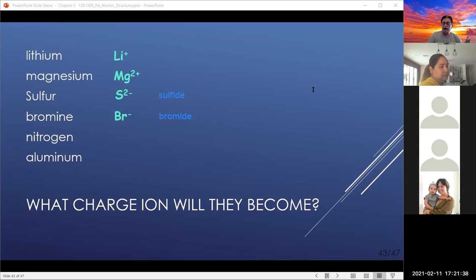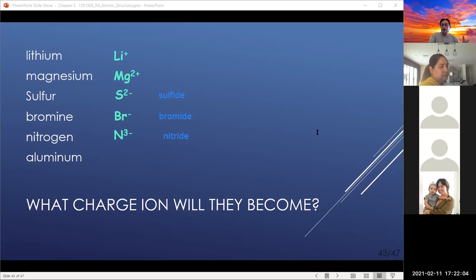It is in group 5, which means I'm going to pick up 3 electrons, which gives me a -3. Being a -3, and because it's an anion, its name now becomes nitride. Notice nitride is much different than nitrogen.